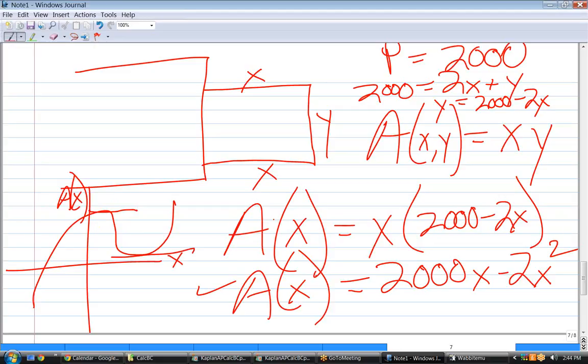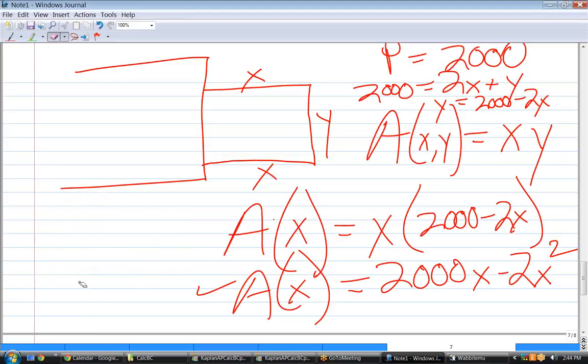Well, I would have to evaluate which one gave the maximum. Clearly, that's the maximum area. That's more like a minimum area. So this concept of taking the first derivative of the function you're trying to optimize is big.